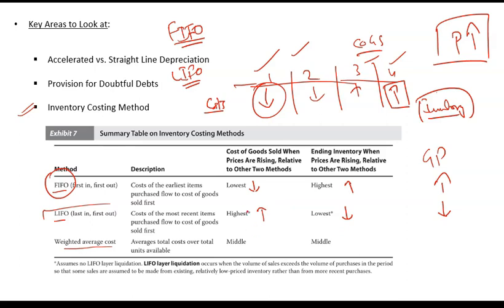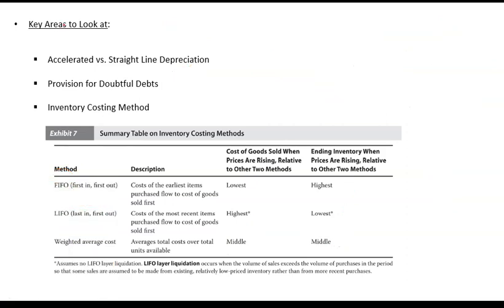And weighted average should be in between FIFO and LIFO, in the middle of the two. So key areas to look at with respect to income and expense recognition are differences in depreciation methods, differences in provision for doubtful debts, and inventory costing methods.